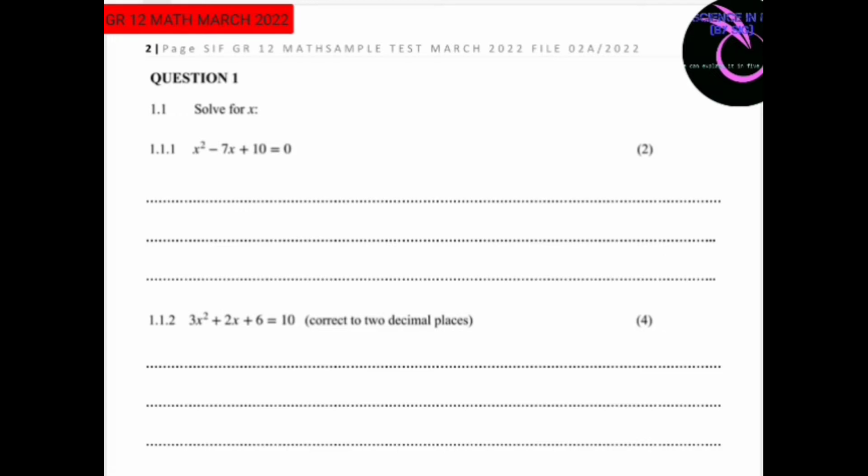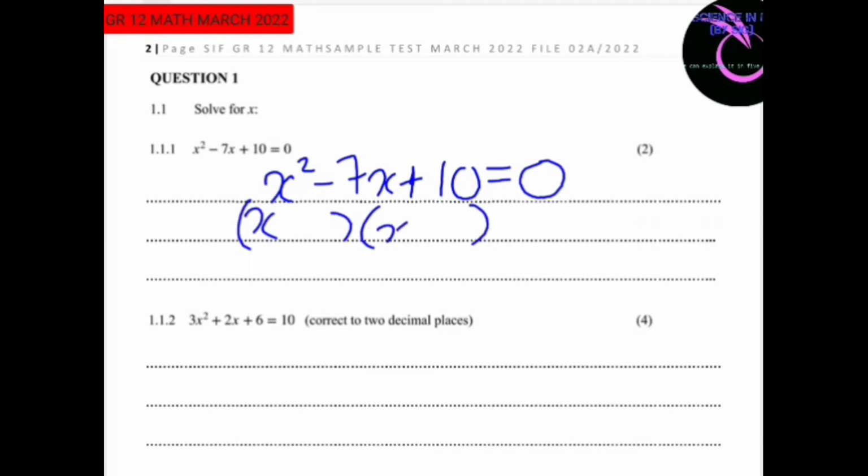So what you're going to do, I'm going to have x squared minus 7x plus 10, all of that equal to 0. So which means I can quickly get my 2 factors from my binomial. Now I'm looking for 2 factors of 10 that give me 7 when I add or subtract them. It's 5 and 2.